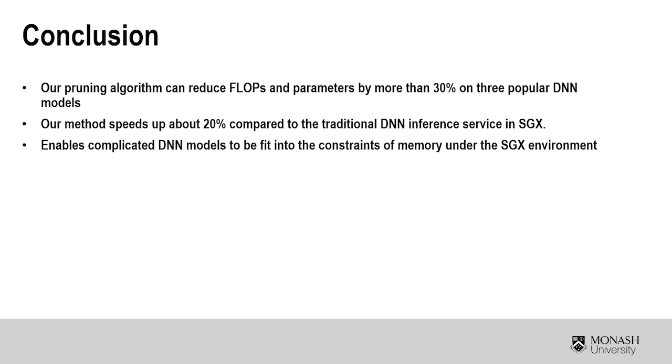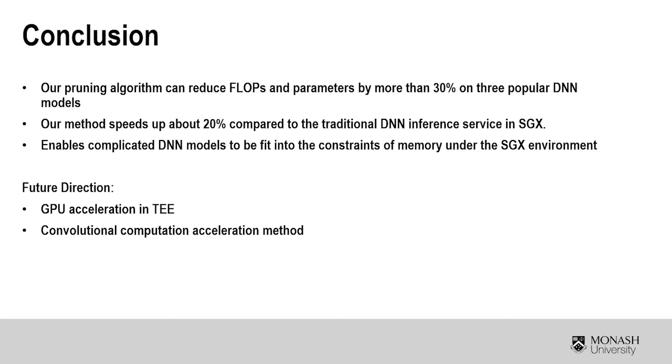Furthermore, it successfully reduced the inference latency in the SGX while preserving the privacy of users' data and the model. We also point out the future directions of our work. The first one is using GPU acceleration. Using GPU acceleration is currently the mainstream acceleration approach for DNN models.